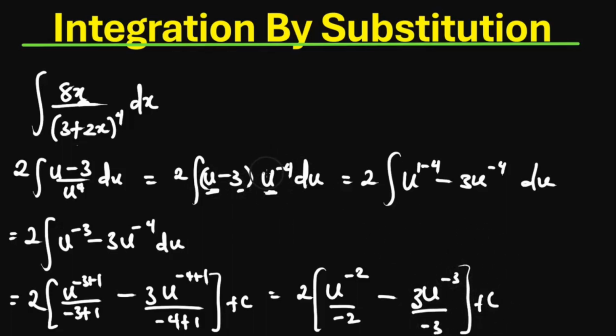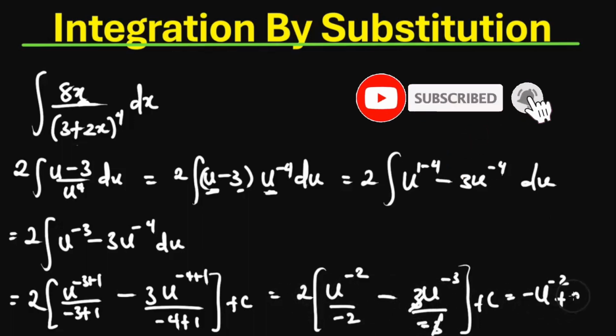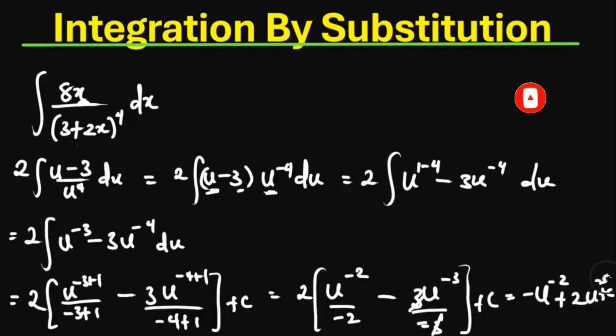And then that is equal to, when we multiply this guy by 2, we're going to have minus u raised to the power minus 2, and then here as well, this cancels this guy, and then minus minus becomes plus, then multiply this guy as well by 2, we're going to have plus 2u raised to the power minus 3 plus c.